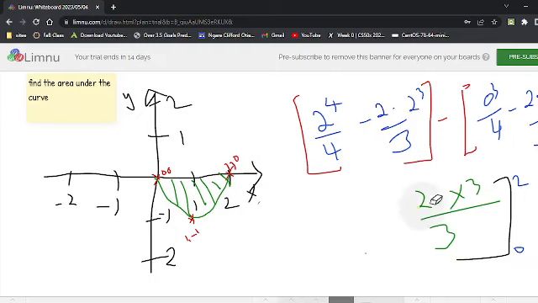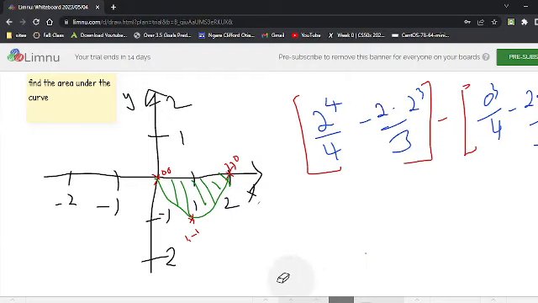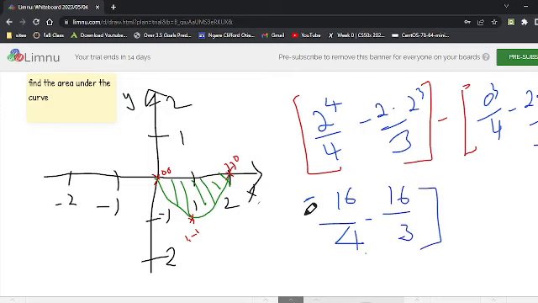So let's find these values. 2 to the power 4 is 16 over 4, minus 2 cubed is 8, times 2 is 16, over 3, minus 0, which is going to be 0.